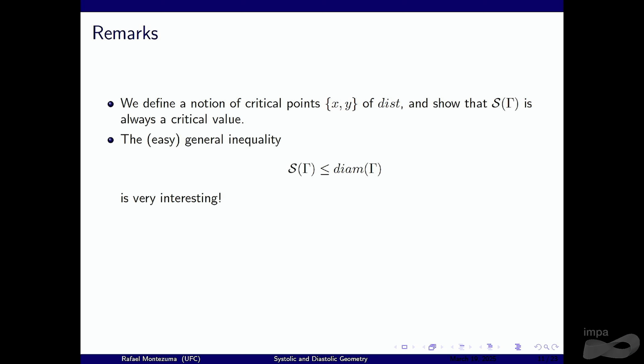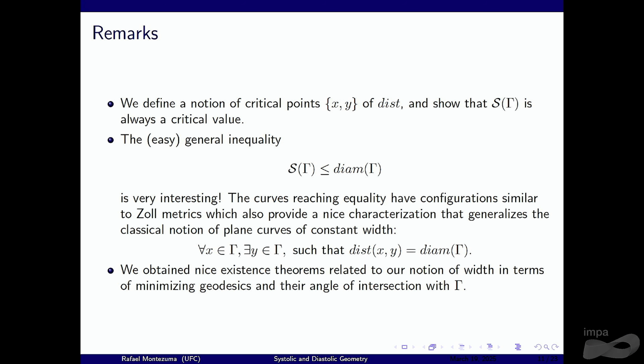And we study this inequality, which is easy because, of course, this critical value is bounded by the maximum of the function, but actually the equality case in this inequality is very interesting. For example, we showed that the curves reaching this equality have the following property, like a Zoll-type phenomenon for these objects.